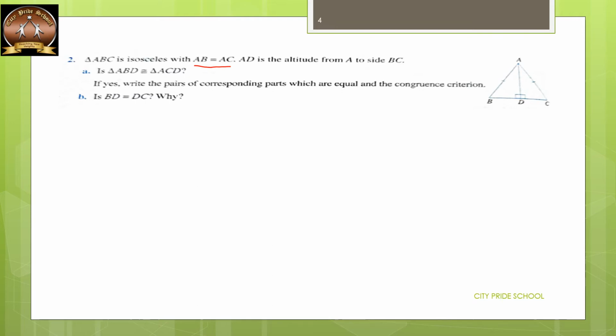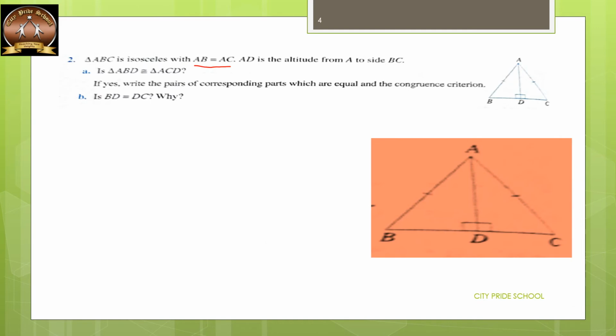You have to prove that triangle ABD is congruent to triangle ACD, and then write the congruence criterion, and also prove whether BD is equal to DC, and write the reason. So here the figure is given. Let me draw the figure once more.